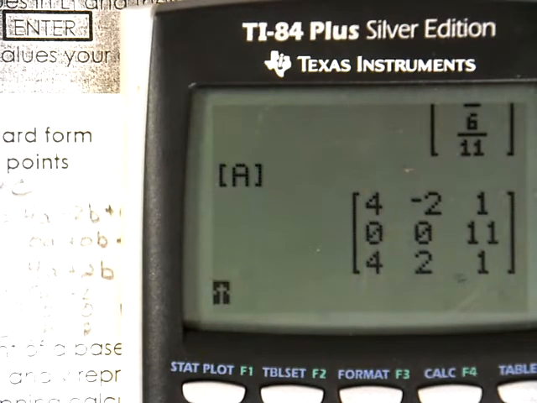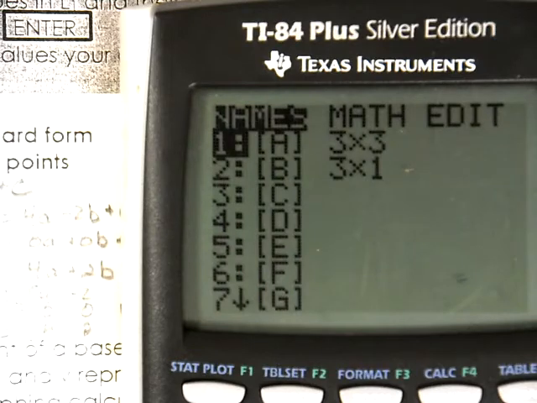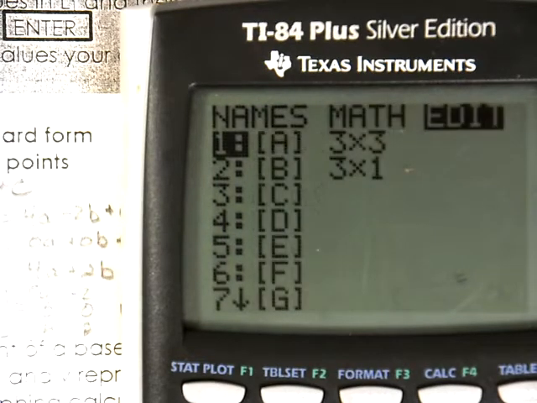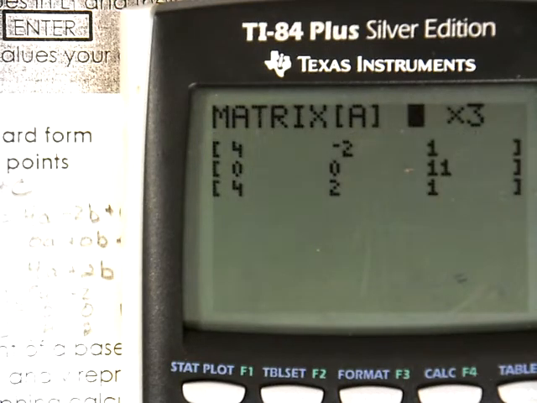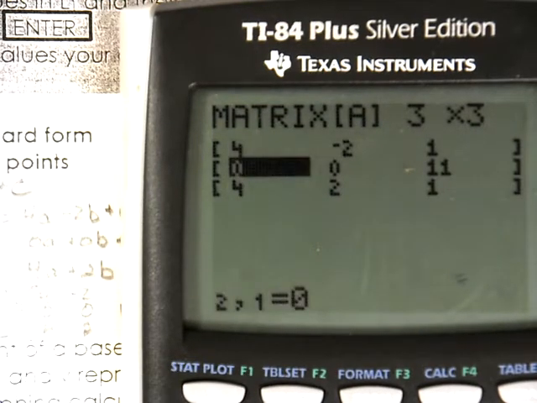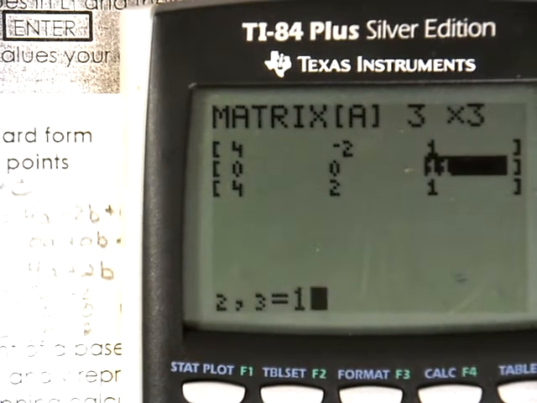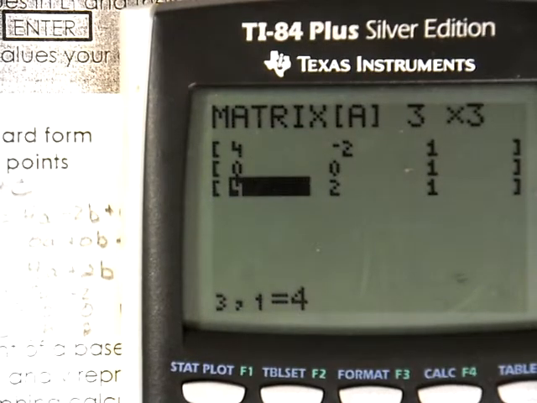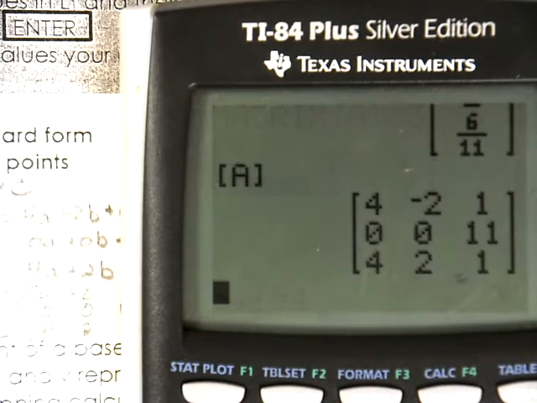So we're going to go to second matrix, go over to edit, your A matrix. I need to go down and fix that to become a 1. Now that's correct. Some of you probably noticed that earlier. Sorry about that. So we'll get out by doing second mode, second quit.